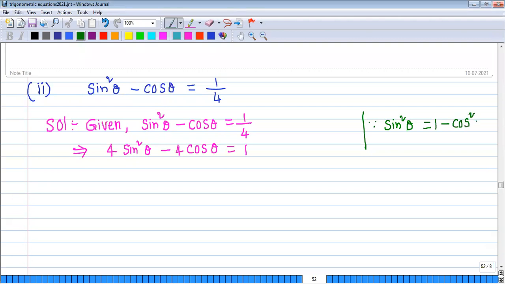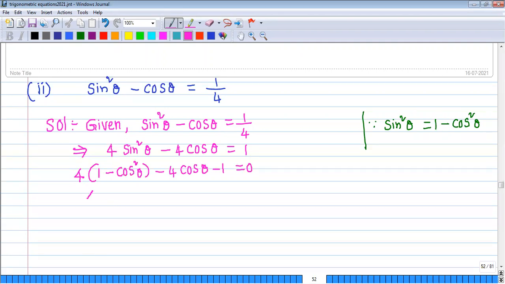So instead of sin square theta, we can write 1 minus cos square theta. So we get minus 4 cos theta minus 1 equals 0.